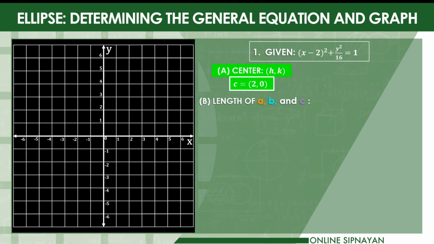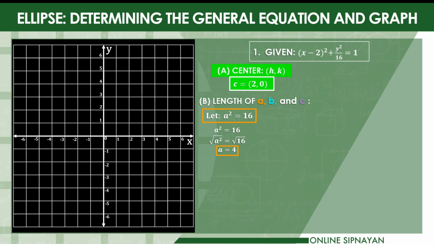As you can see, the value of a squared from the given is 16. So we let a squared is equal to 16. And in order to get the length of a, we're just going to get the square root of 16 and have the length of a, which is 4 units. Same with the length of b.